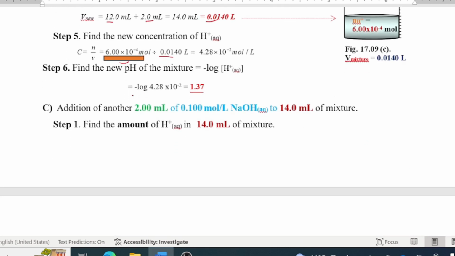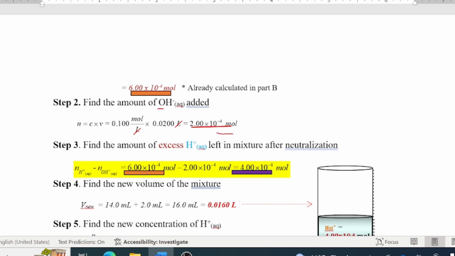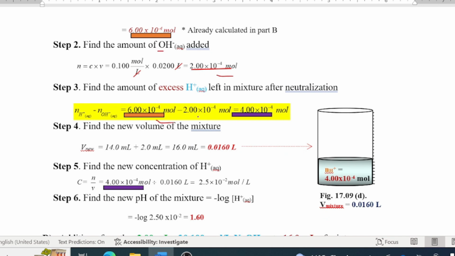So again, now we're adding this again to a new volume with a different amount of H, which is this. So you subtract. This is the amount you already calculated there. This is always the same number of moles of OH you're adding. So take what you had before minus that.